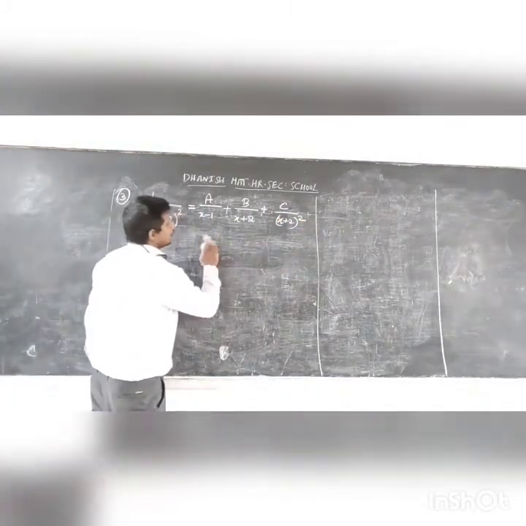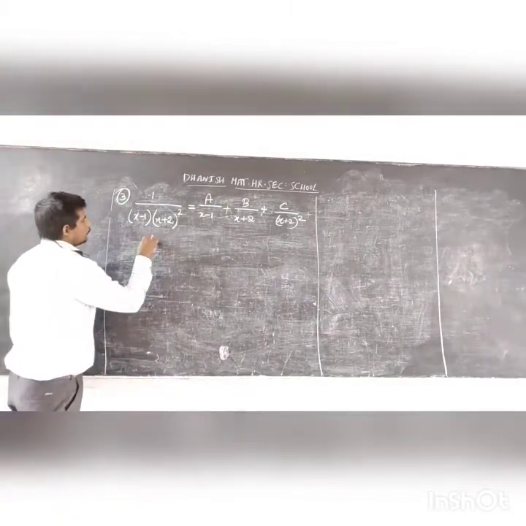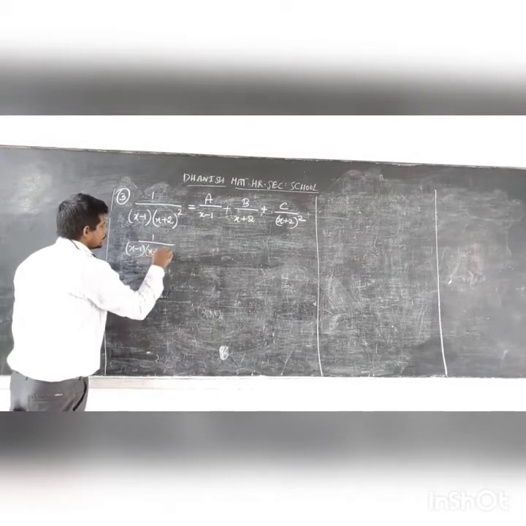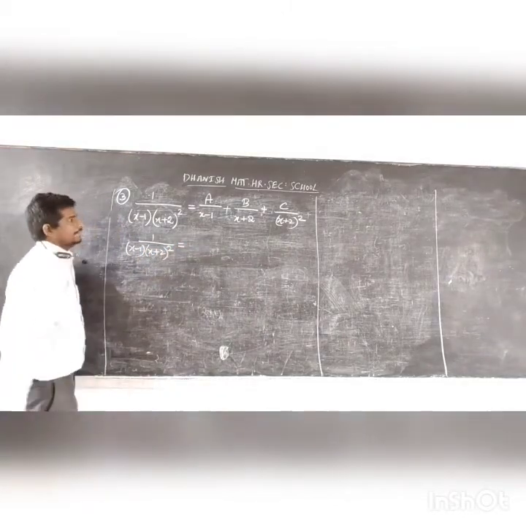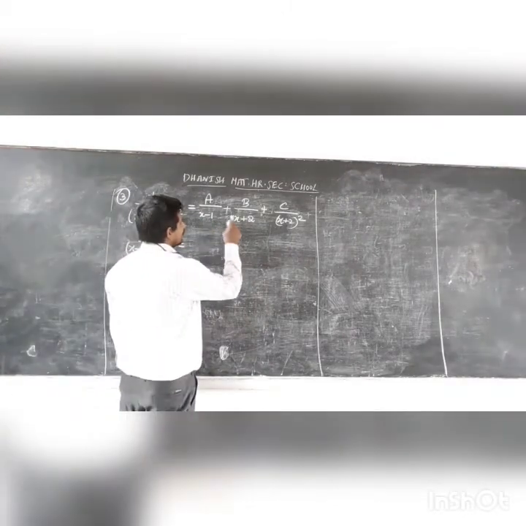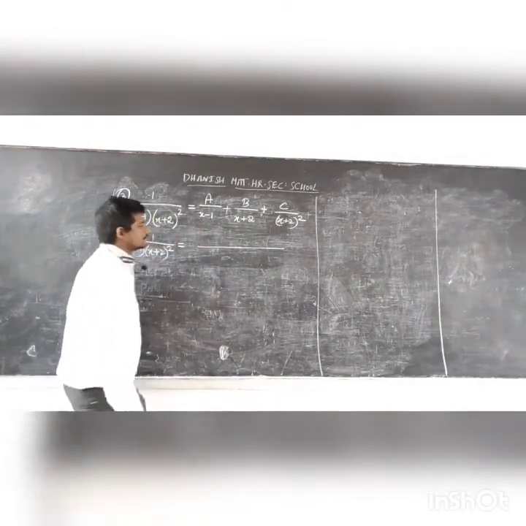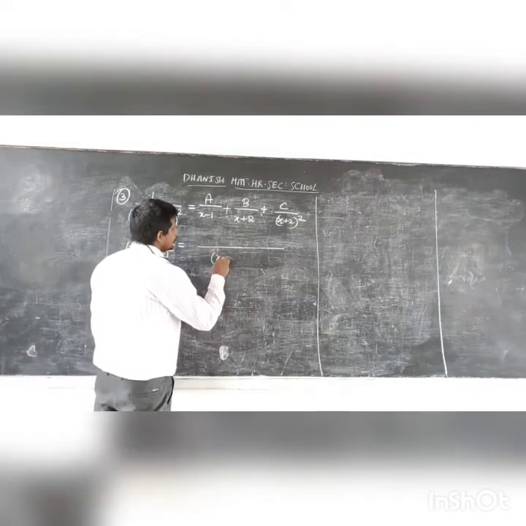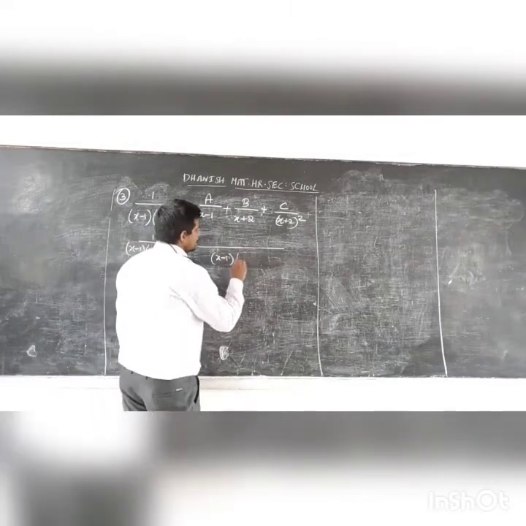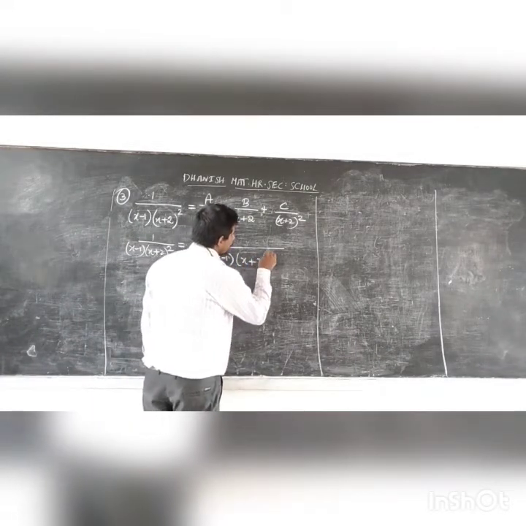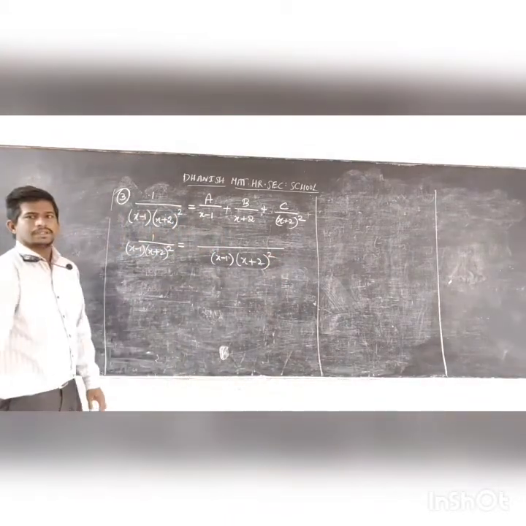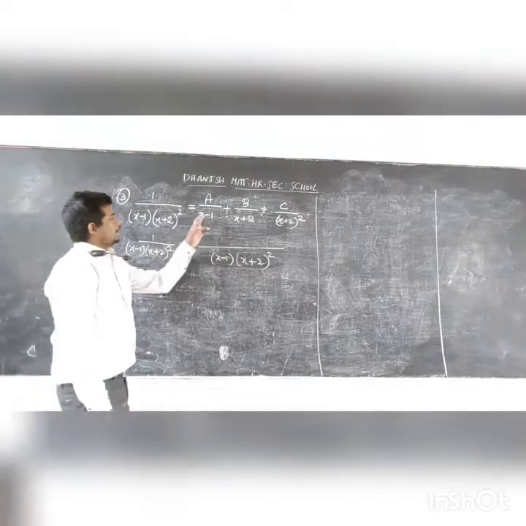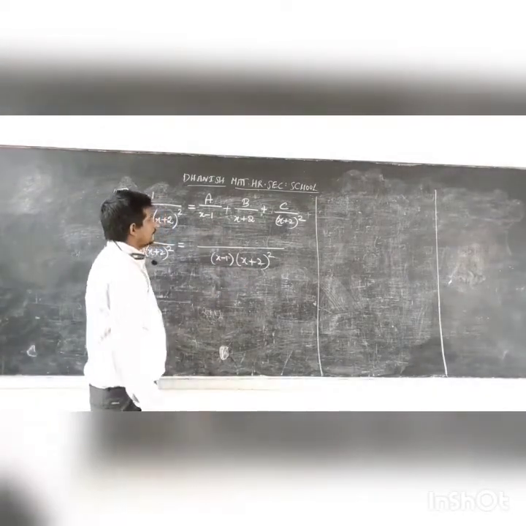Now the next step would be 1 by x minus 1 into x plus 2 whole square equal to. Here we are going to take LCM. I am going to take LCM as x minus 1 into x plus 2 whole square.